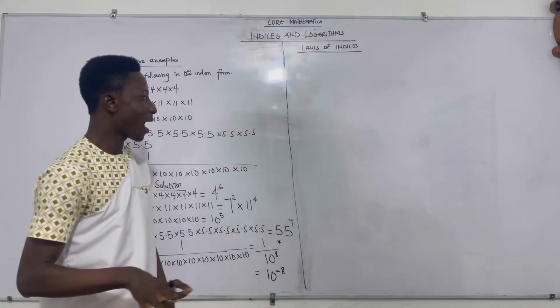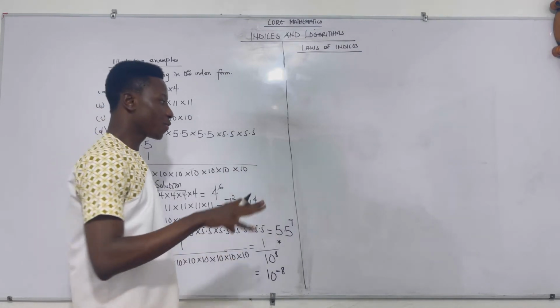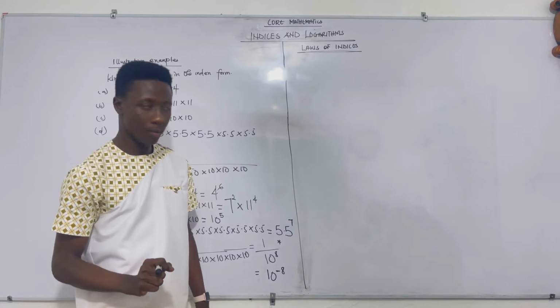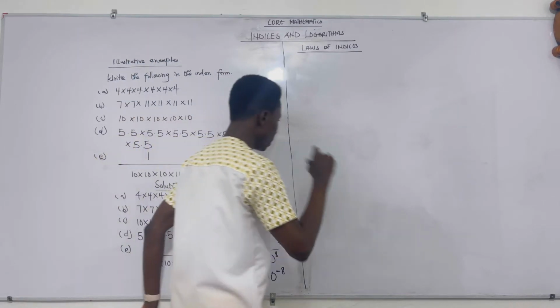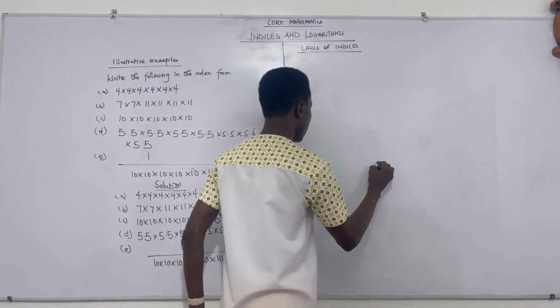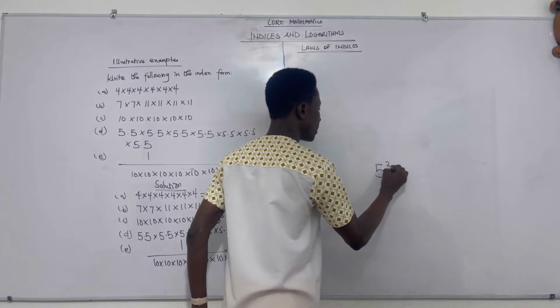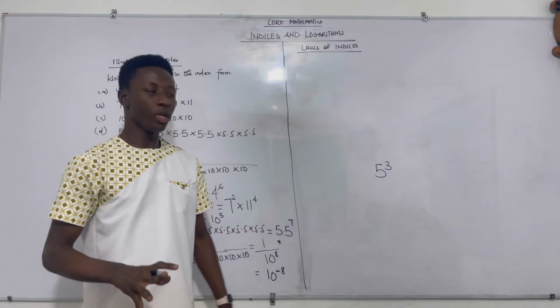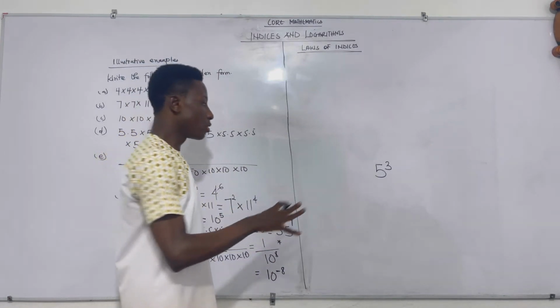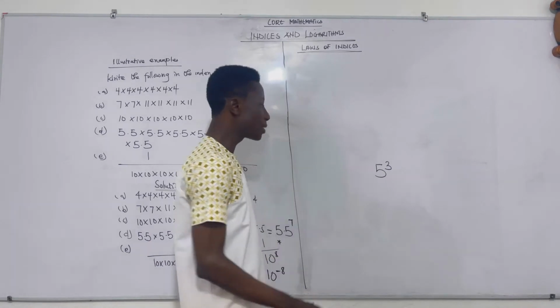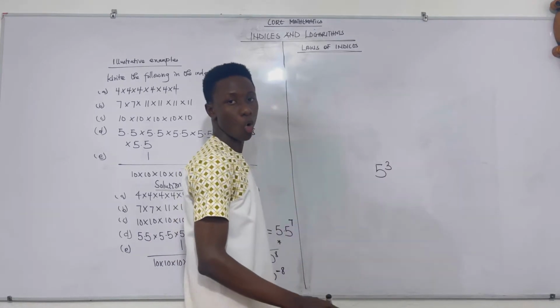Okay, so thus far, we've looked at the index notation. We picked an example like this, and we studied that when it's in this form, the number below is called a base, and the number at the top is called what?